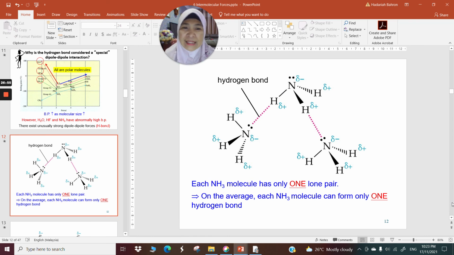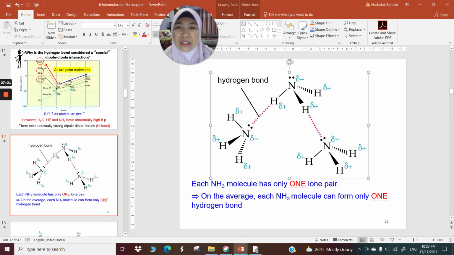Now let's have a look at ammonia. Ammonia is NH3. There is a lone pair of electrons on nitrogen. Everybody knows that ammonia is a polar molecule, and there are three polar bonds in ammonia. Each one of the N-H bonds is polar, and the hydrogens in each ammonia molecule are delta plus, meaning they have a partial positive charge, whereas the nitrogen has a partial negative charge.